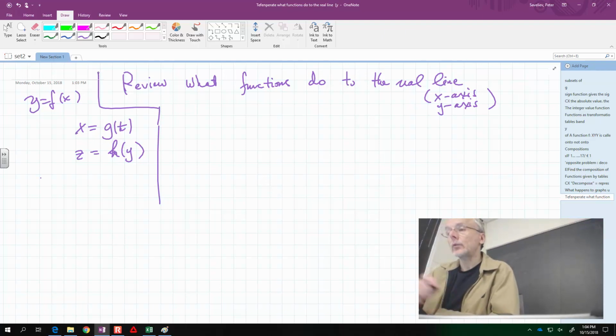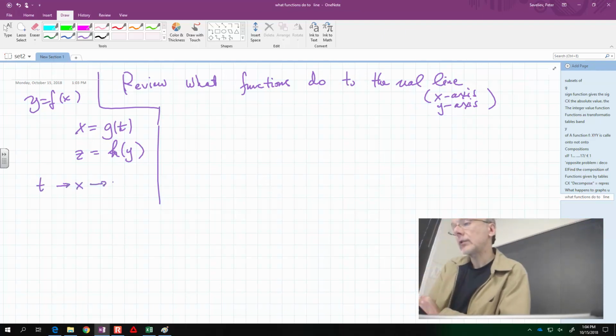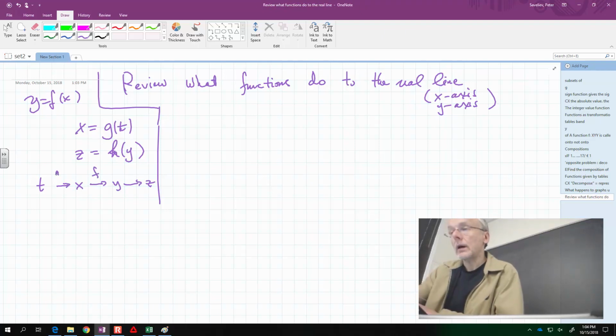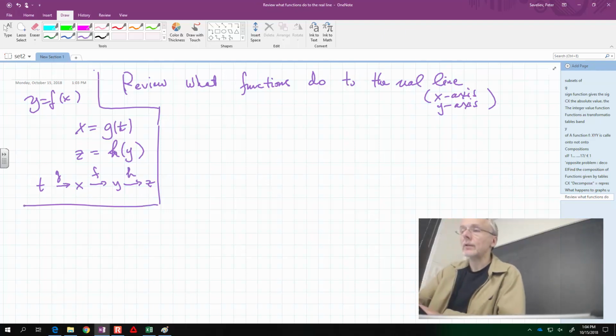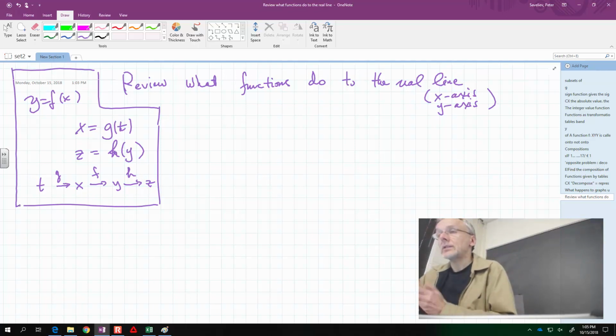So x, y, t, x, y, z. This is my f, and we insert either g prior or we insert h after. So this is what we will be doing.